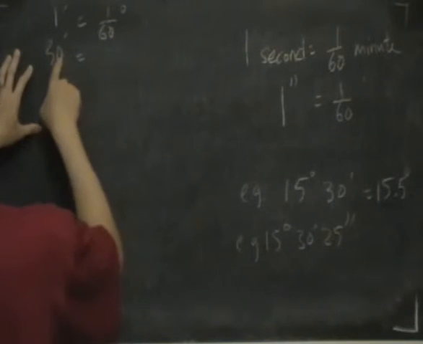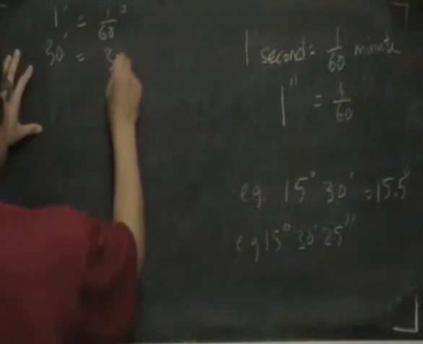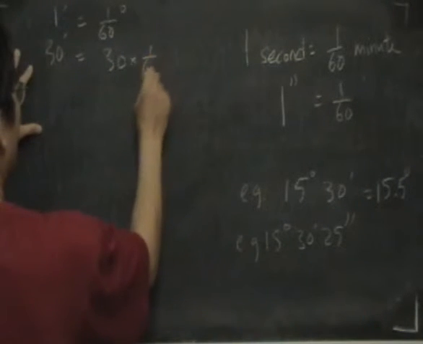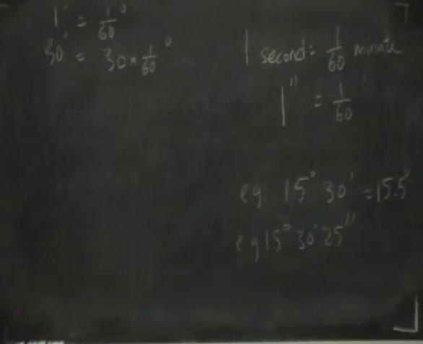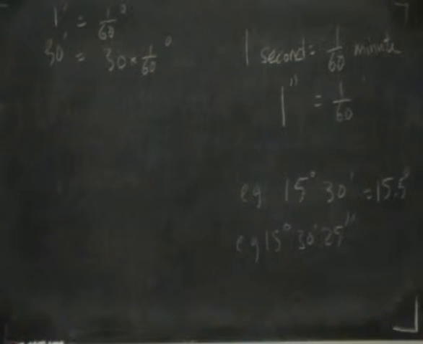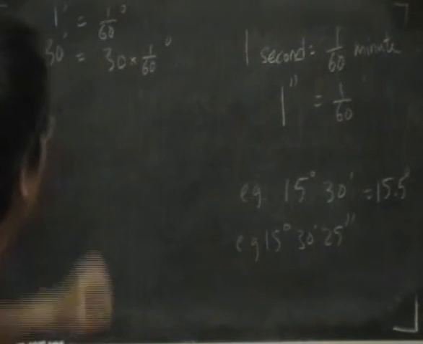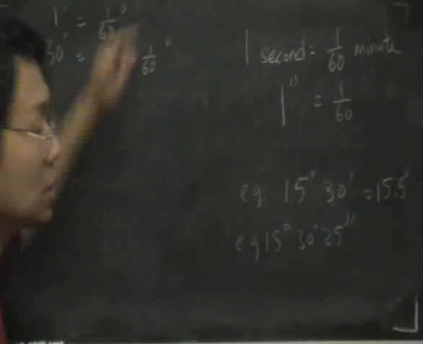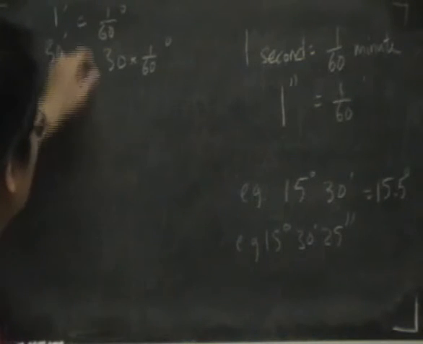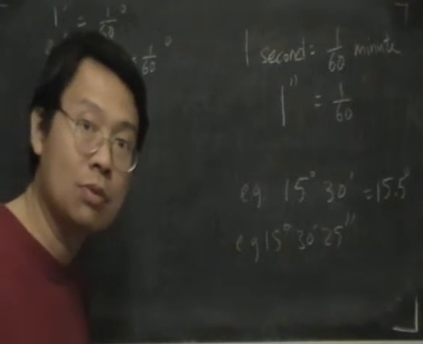So 30 minutes would be 30 times 1/60th of a degree. That's the way we do it, because 30 minutes means there are 30 of these minutes, and each minute is 1/60th of a degree. So there are 30 of this 1/60th of a degree.